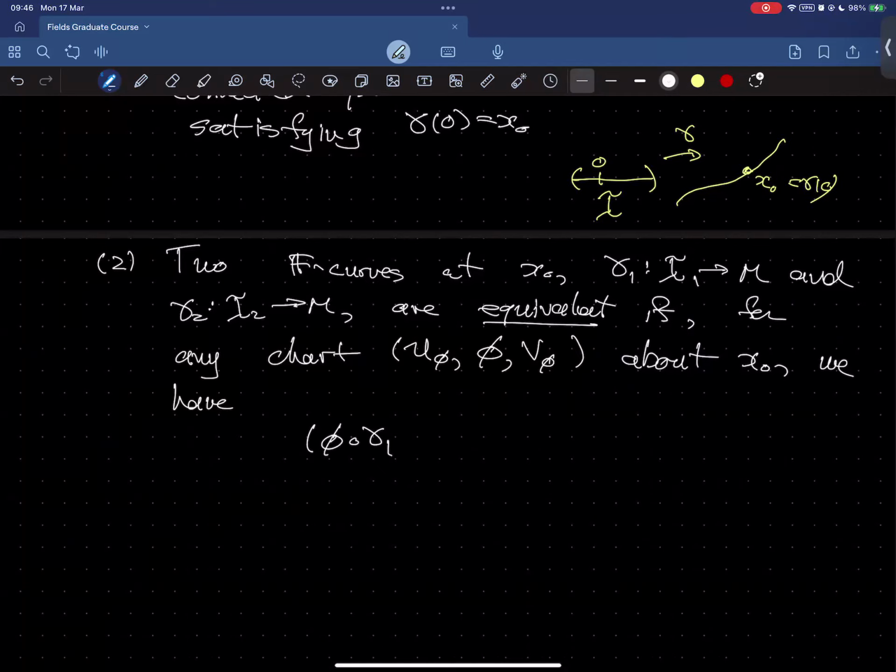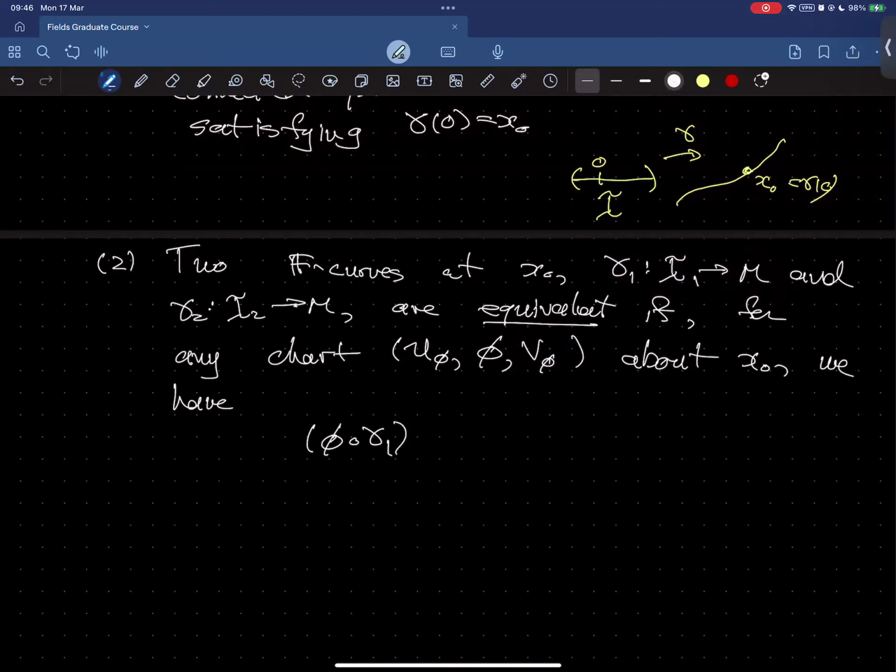Phi composed with gamma 1 is now going to be a mapping from I1. Gamma is going to map it from I1 into M, and then phi is going to map it from M, or U phi, into V phi. And so phi composed with gamma 1 is a curve in V phi.